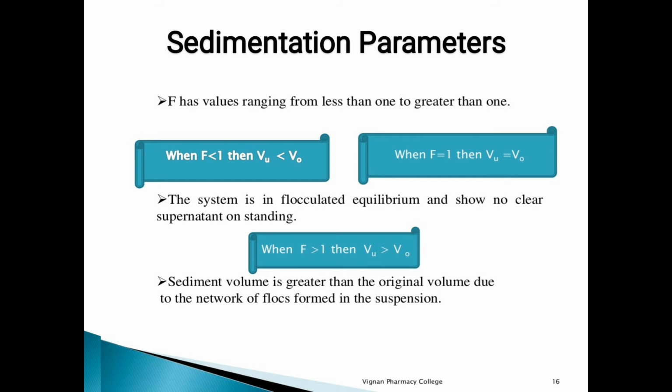If F is greater than 1, Vu is greater than V0. The sediment volume is greater than the original volume due to the network of flocs formed in the suspension.